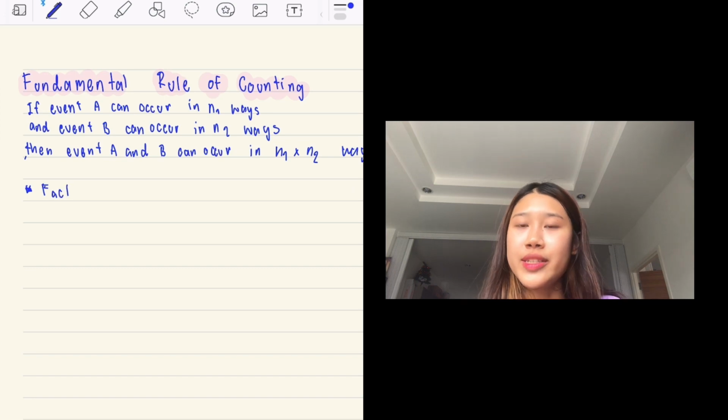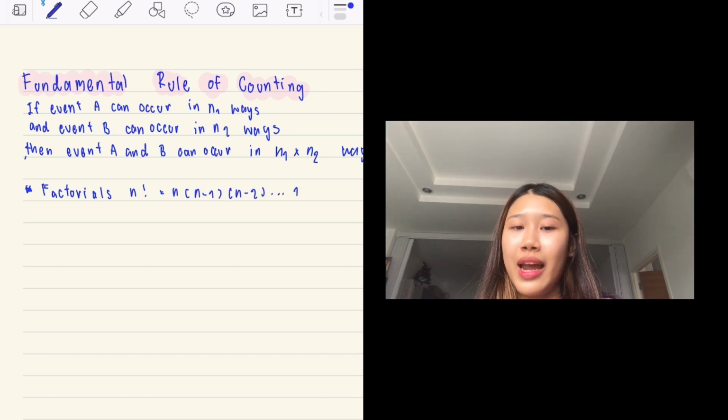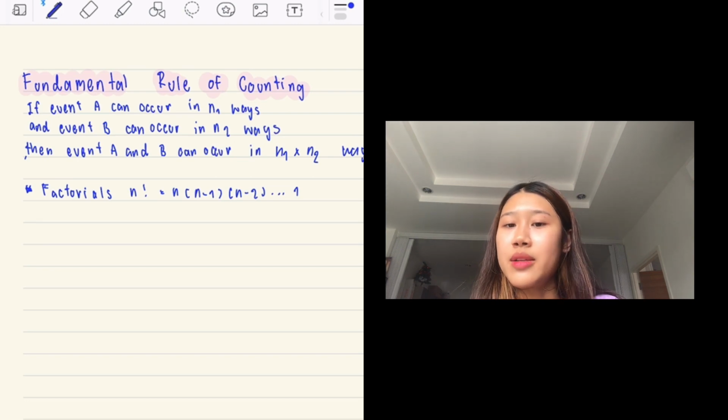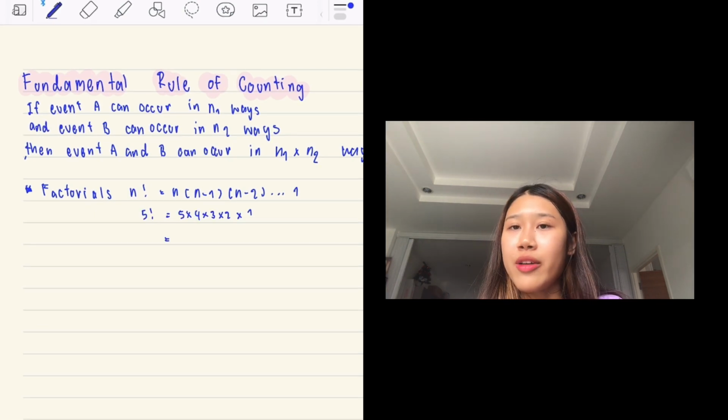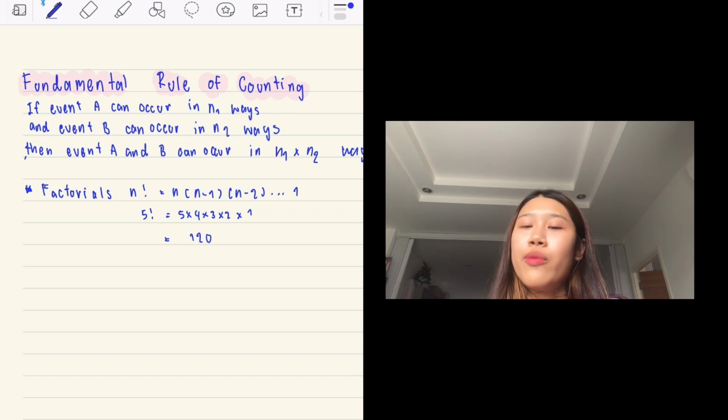Factorial is very essential for this lesson, so you need to know the concept of factorial. Like n factorial is equal to n times n minus 1, times n minus 2, down to 1. For example, 5 factorial is equal to 120.